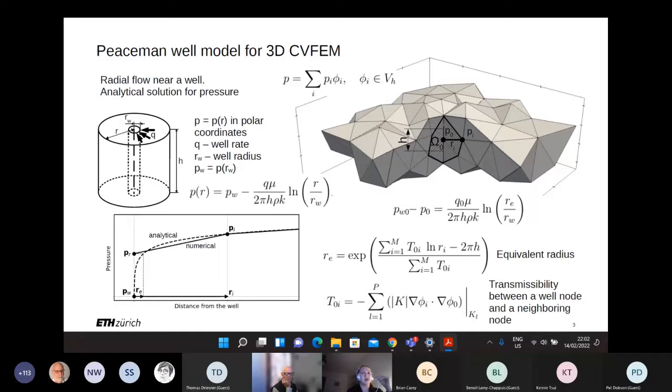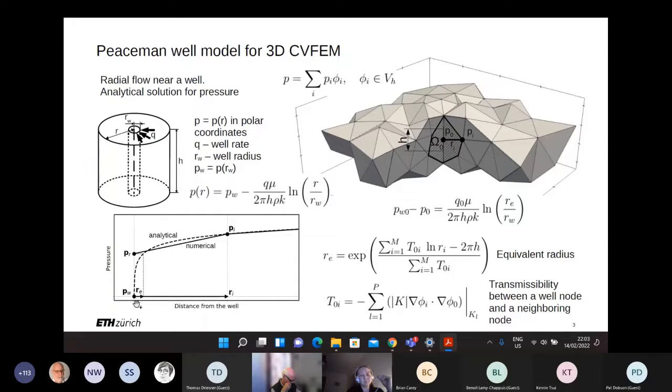So this problem was discovered early on, and already in 1978, Peaceman came up with a very clever well model. And this model has two key features. So one clever idea is that Peaceman introduced two unknown variables for pressure, the well pressure and the reservoir pressure. And the use of these two unknowns allows us to capture this steep pressure gradient.